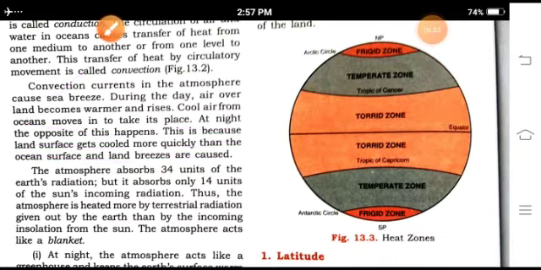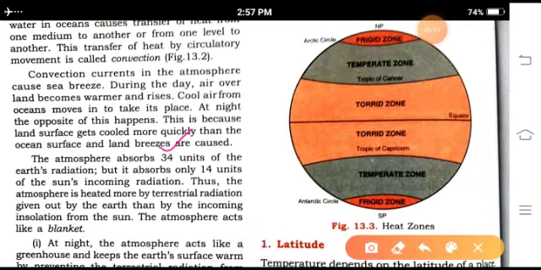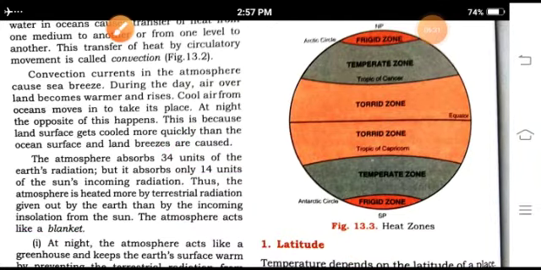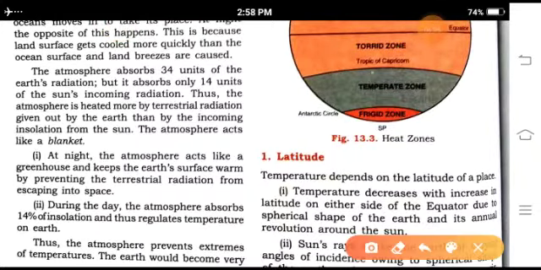The atmosphere absorbs 34 units of the Earth's radiation, but it absorbs only 14 units of the sun's incoming radiation. The atmosphere is heated more by the terrestrial radiation given out by the Earth than by incoming insolation from the sun. The atmosphere acts like a blanket. At night, the atmosphere acts like a greenhouse and keeps the earth's surface warm by preventing the terrestrial radiation from escaping into space.